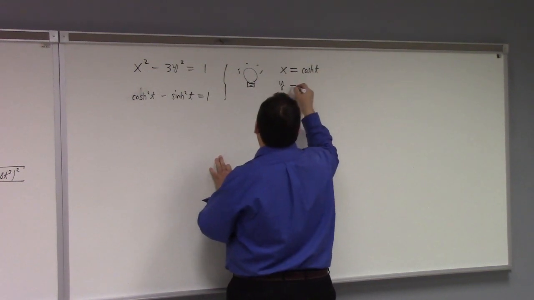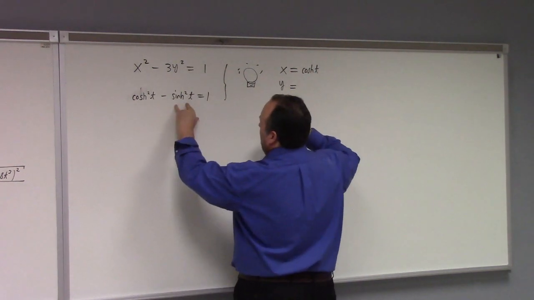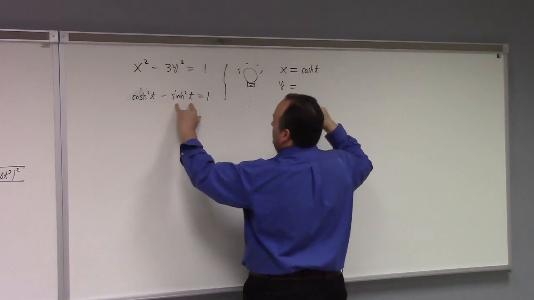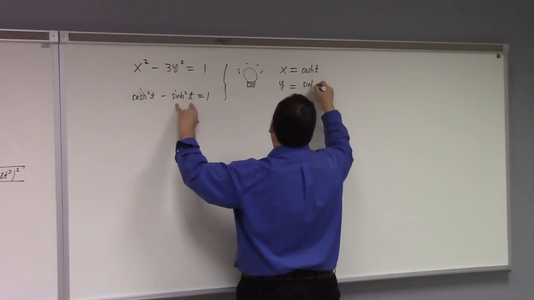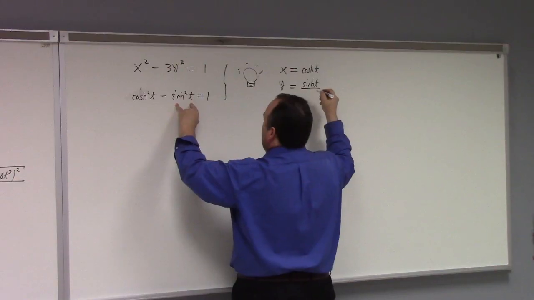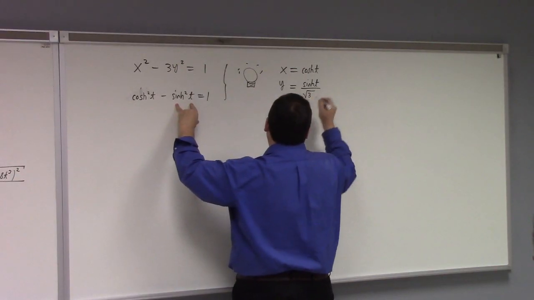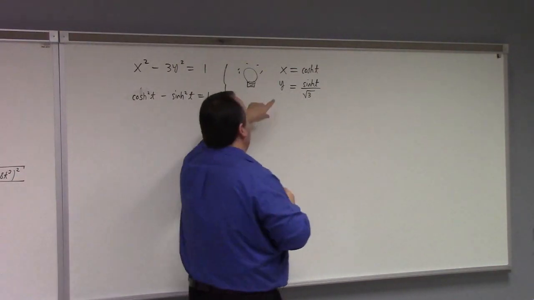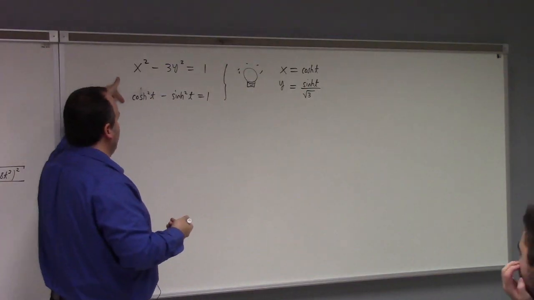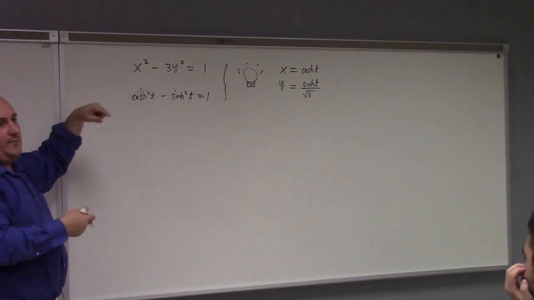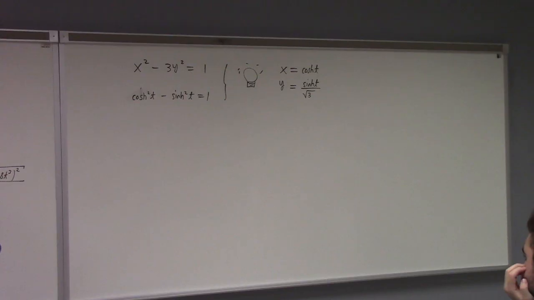And y, well, I can't put y equal to sinh t because there's a 3 here, but to make the 3 go away, I take the sinh and divide by the square root of 3, so 1 over the square root of 3. If I make those my formulas, when I plug in, I get this. So I'm working backwards from the algebra I know.